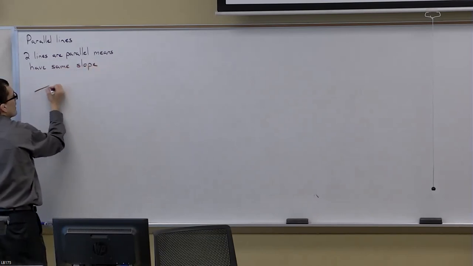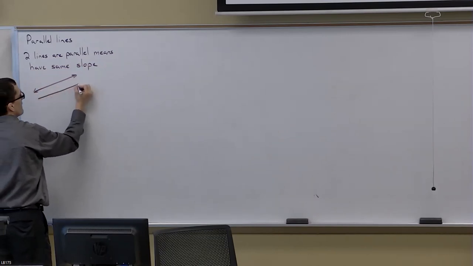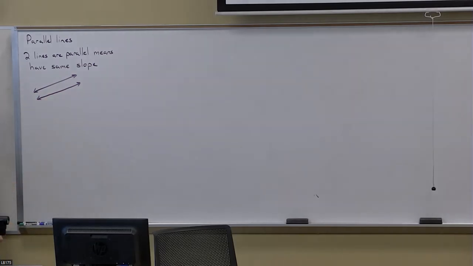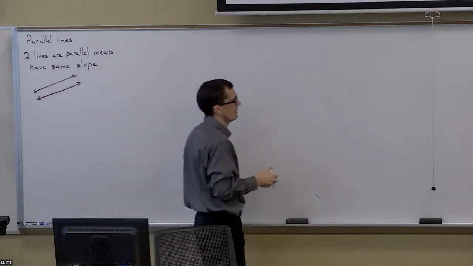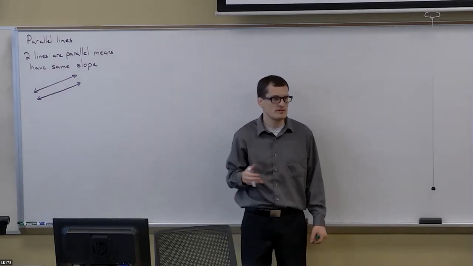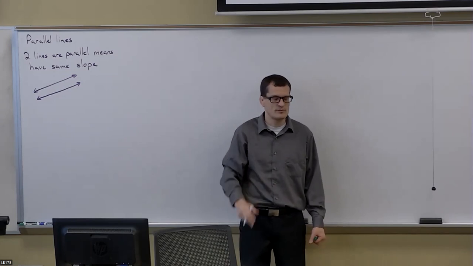And then when you think about same slope, it means they're running side by side and never crossing each other. That's why we have a vertical line that doesn't cross the y-axis, because the y-axis is our vertical axis.